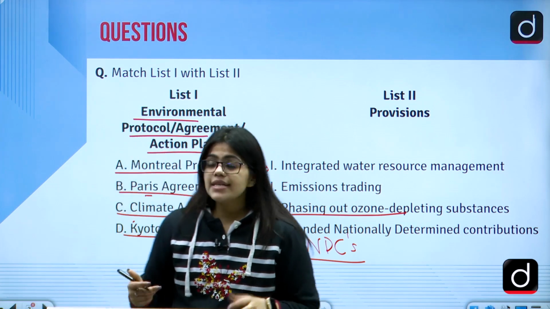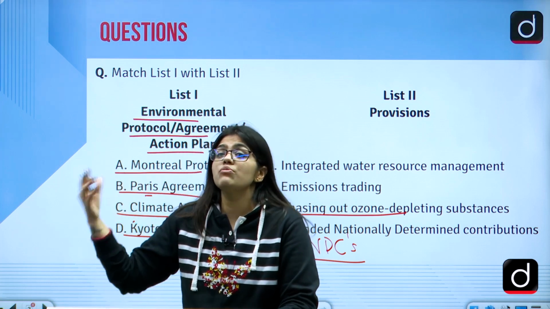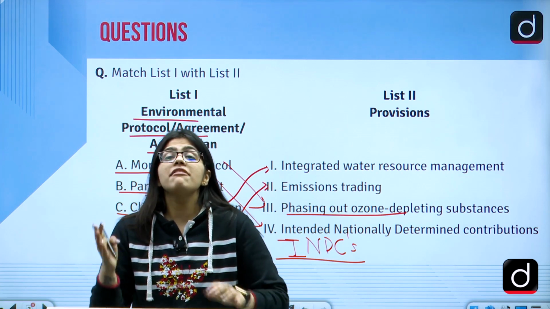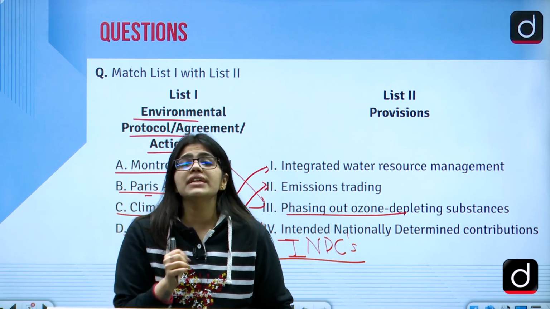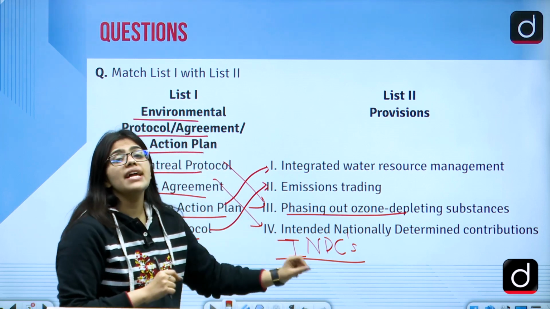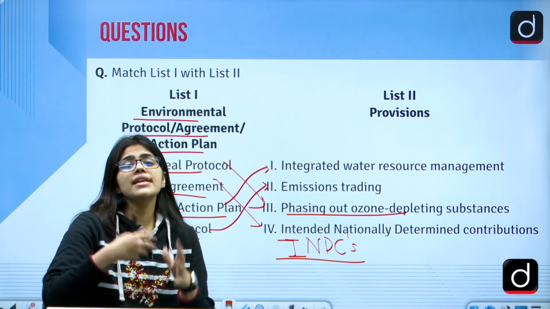They decided that the temperature is increasing to 3 degrees Celsius and even more, but 2 degrees Celsius should be maintained. In fact, they wanted 1.5 degrees to be maintained. So for that, the different INDCs, the intended nationally determined contributions, came into being.